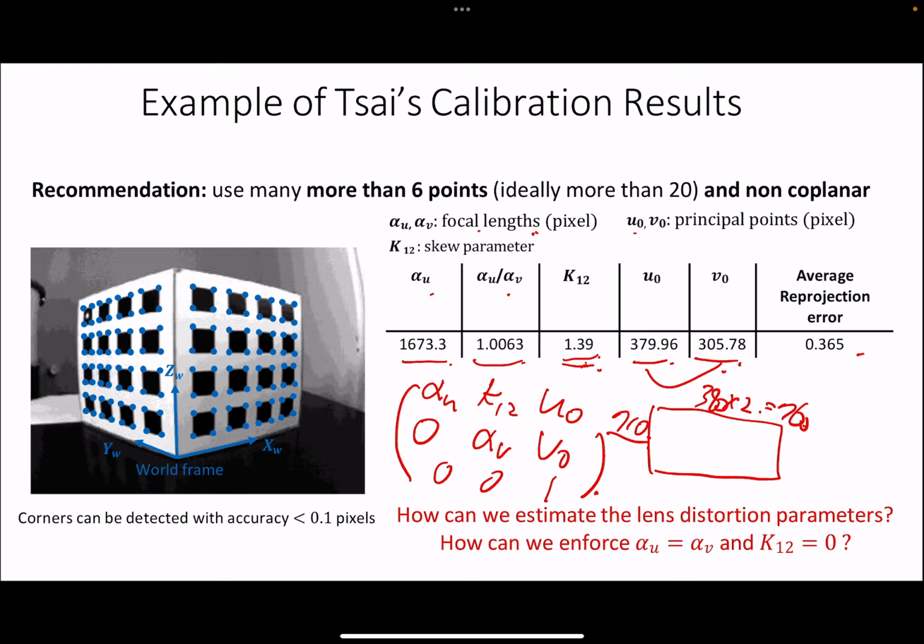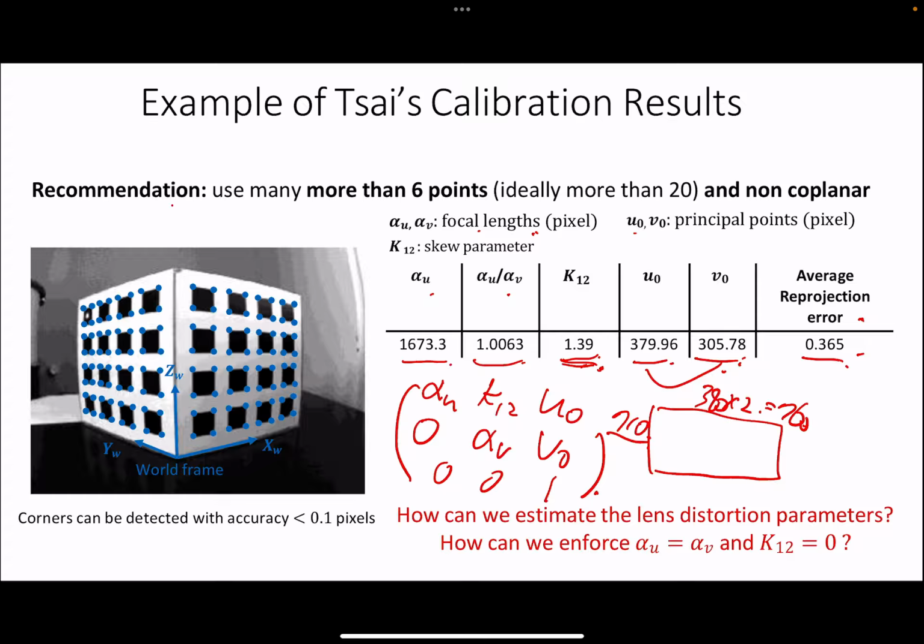This is close to the image center. And the average reprojection error, which we will learn in the next slide, is quite low. So the error is small, but the problem is that the skew is too large. It should be very close to 0. So there is something wrong in the calibration results, and we need to do further things.